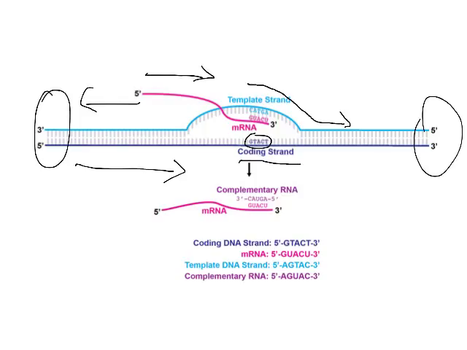So when somebody tells you the coding strand has a particular sequence, like this down here, we know that if we want to know what the sequence of the mRNA is, we just turn the thymines to uracils and we have the same sequence. So the mRNA has the same sequence as the coding strand, DNA.